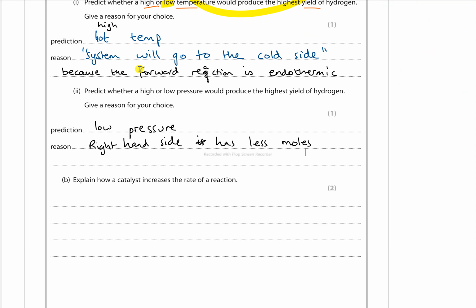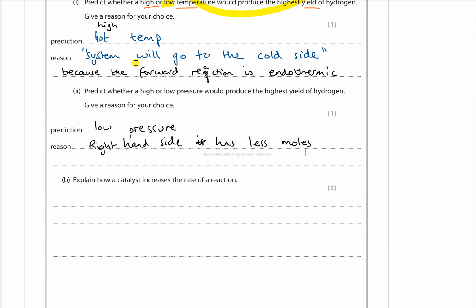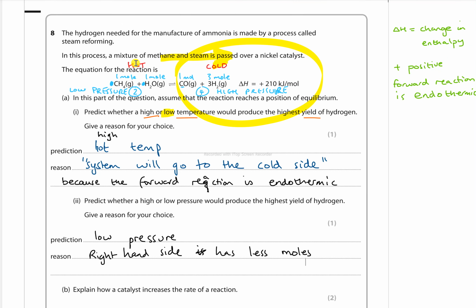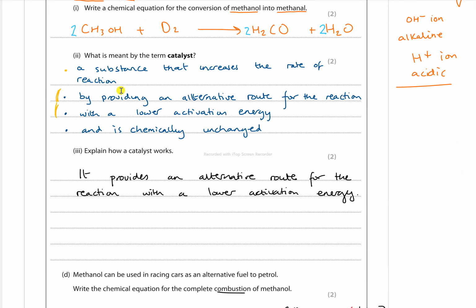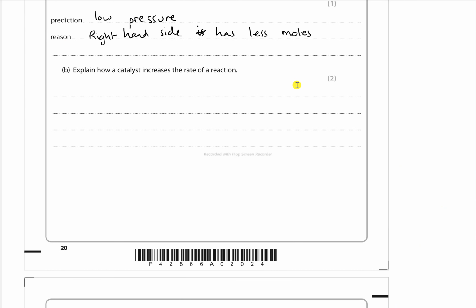Explain how a catalyst increases the rate of reaction. Right, so it's the same. Look, if you can see this bit here, it's the same thing. It provides an alternative route for the reaction with a lower activation energy. So there's two parts to that.